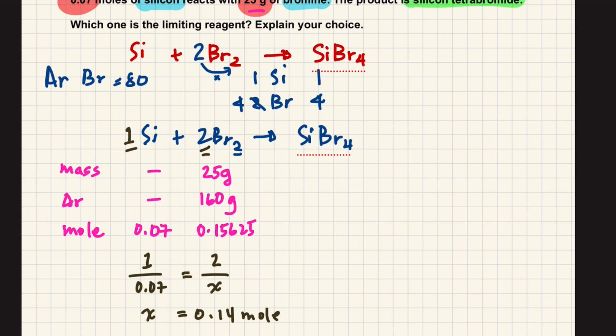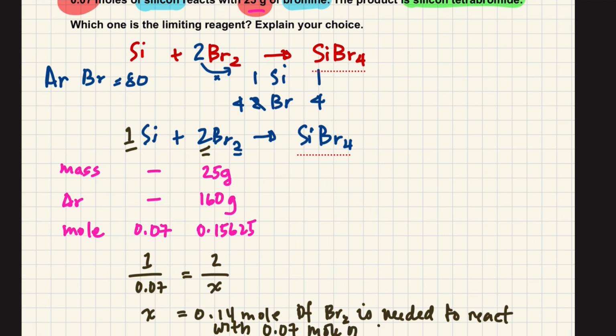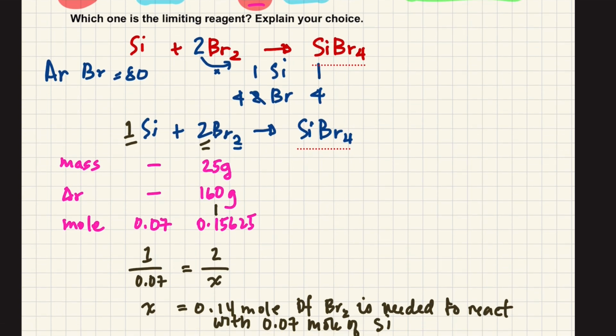What does this mean? Okay, this means that 0.14 mole of bromine is needed to react with 0.07 mole of silicon. Okay, so this is what we have.